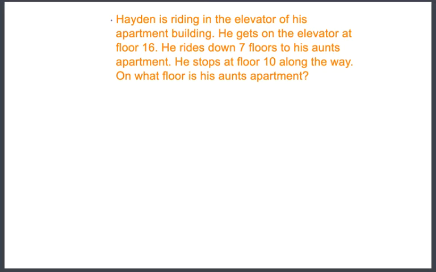He gets on the elevator at floor 16. He rides down 7 floors to his aunt's apartment. He stops at floor 10 along the way. On what floor is his aunt's apartment?